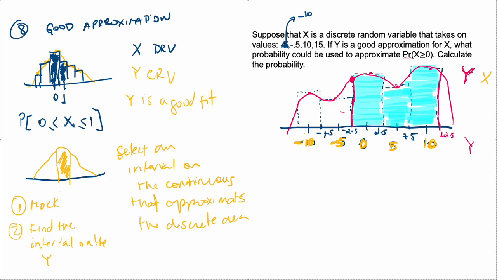So that's why, to have the same exact, not exact, but very good approximation, your y can value 2.5, and that's where you start. And you will end on 12.5, so that the area that you're selecting here, this area here that I am highlighting, is the same as the blue one.